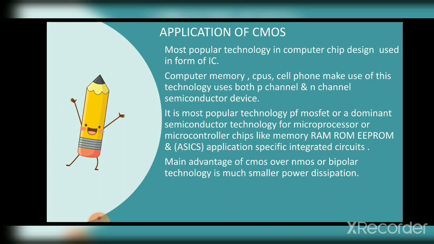So it is the most popular MOSFET technology. It is the most important semiconductor technology for microprocessor and microcontroller chips and memories like random access memory, read only memory, erasable programmable read only memory, and application specific integrated circuits. So here are the applications and uses of CMOS.